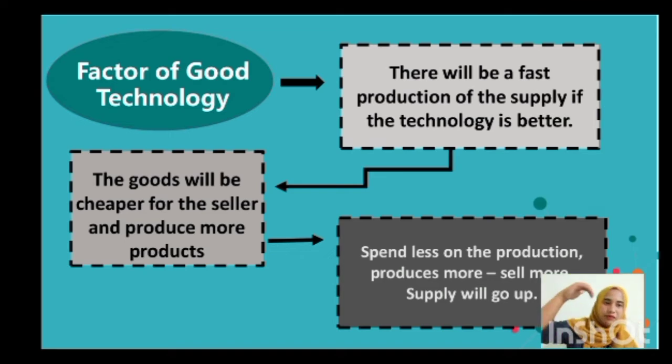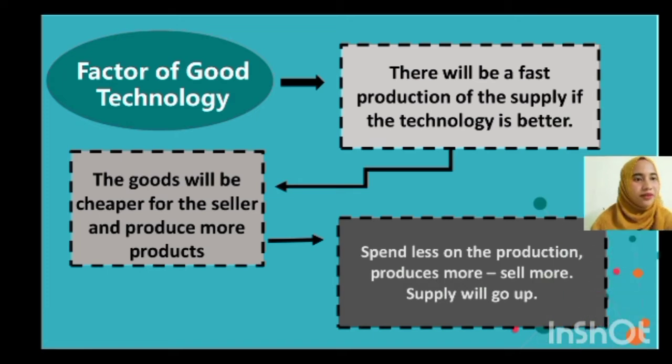If you have that cheaper price and you produce more, what will happen? So you will sell more, right? So we have here the third factor: we spend less on production, while you produce more, and you also sell more.